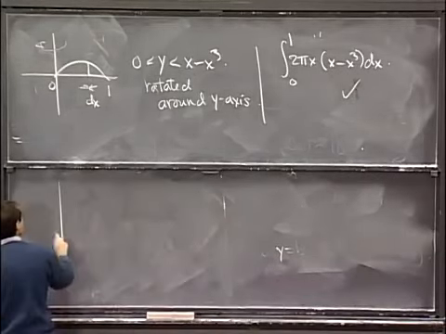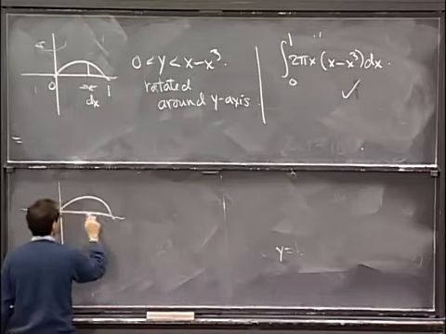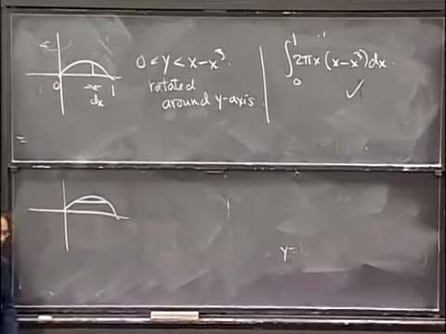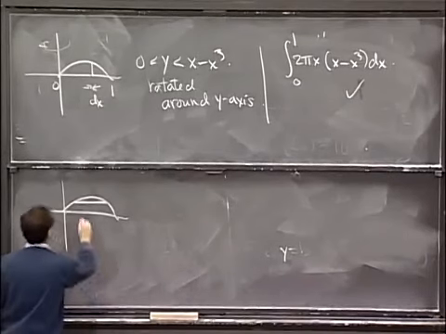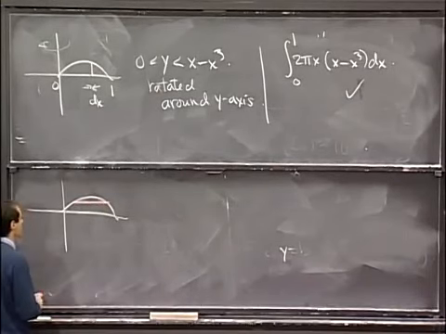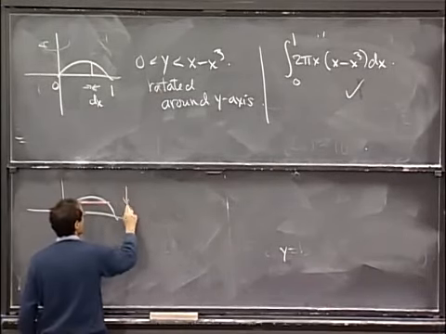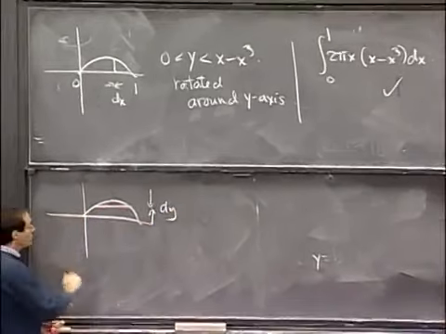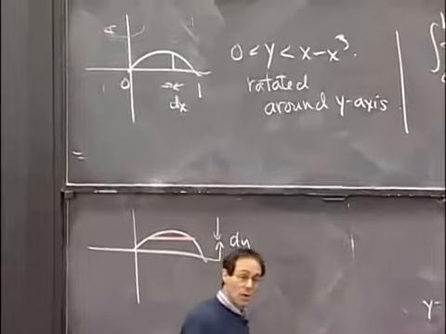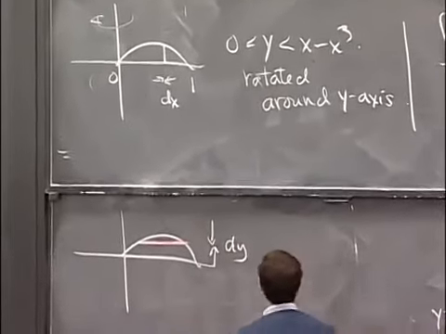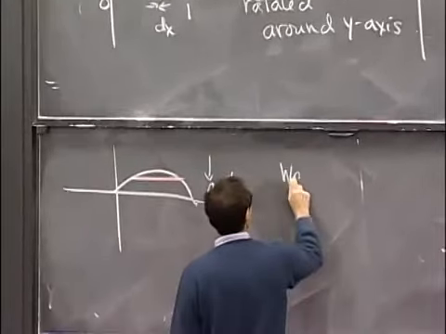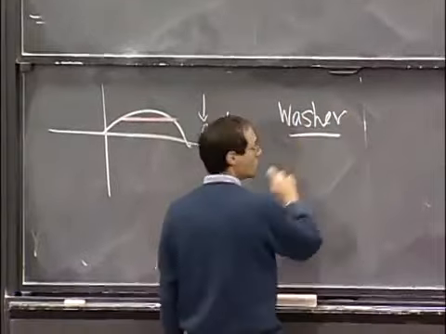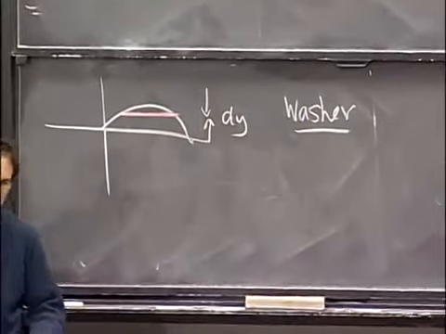You could try to do it with cutting this way. All right? Sorry, let's do this. And this would be the dy thickness. And then when you sweep this around, you get what we call a washer, which is really just the difference of two disks.